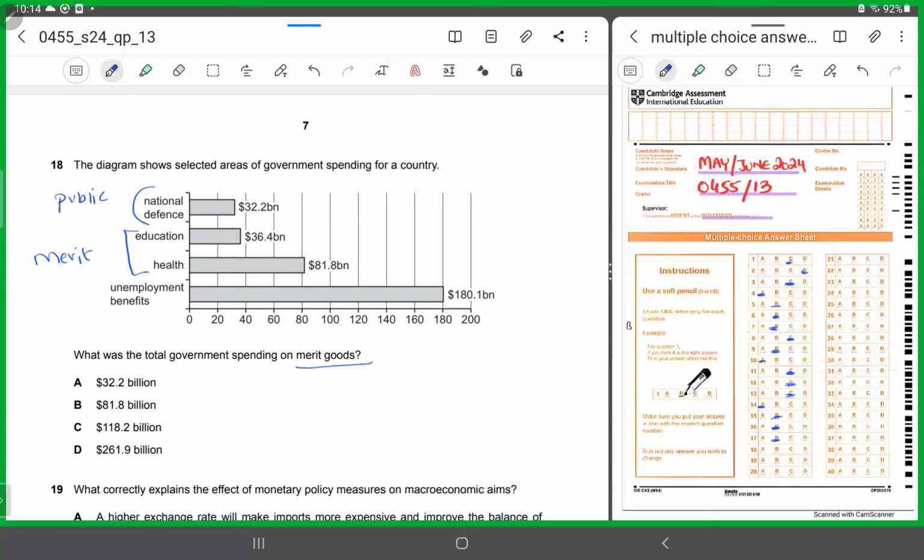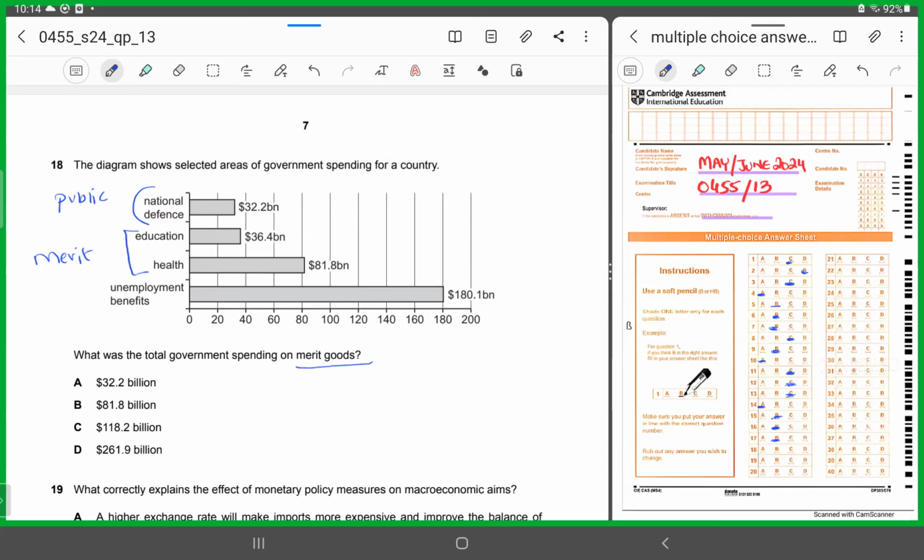And what about unemployment benefits? Unemployment benefits will fall under supply side policy, right? So education and health are merit goods. Now, what were public goods? Products which were non-rival and non-excludable, and they are financed through tax. What would fall under public goods? National defense and the policing system. Why?